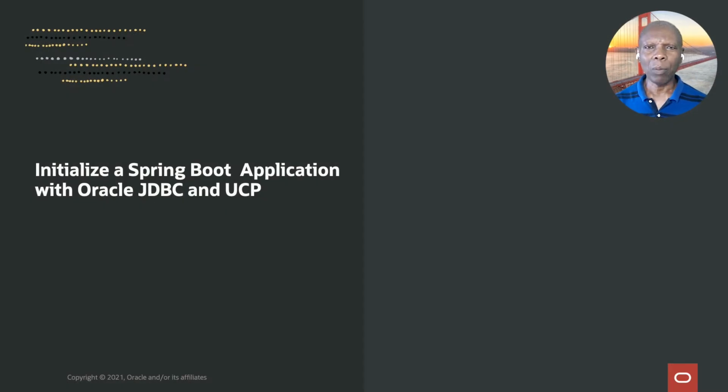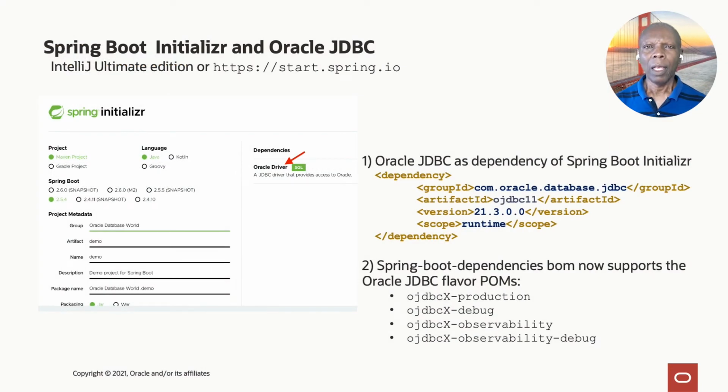Now, if you want to build a Spring Boot application, how do you initialize the application with Oracle JDBC and UCP? If you don't have IntelliJ Ultimate, you have to go to start.spring.io. That's where you will have the opportunity to configure the Spring Initializr with the Oracle JDBC.